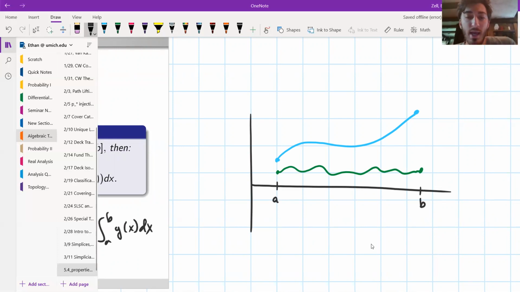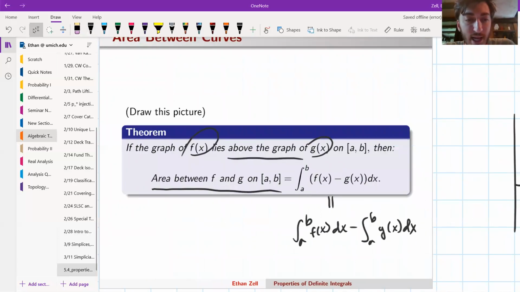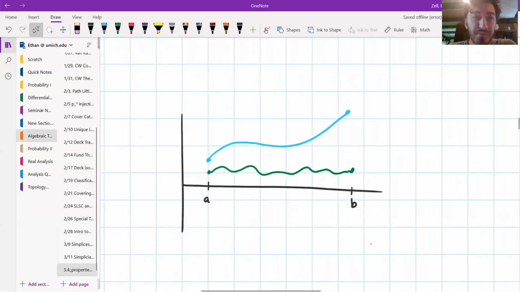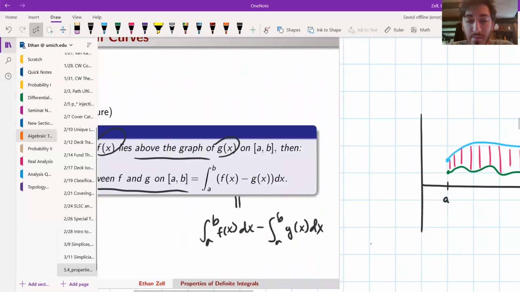And the claim of the theorem was that the area between the functions is the same as the integral of the difference. So the area between the functions is this area here, which I will do in red. And we claimed that this area here between the functions is the same thing as the integral of the difference.